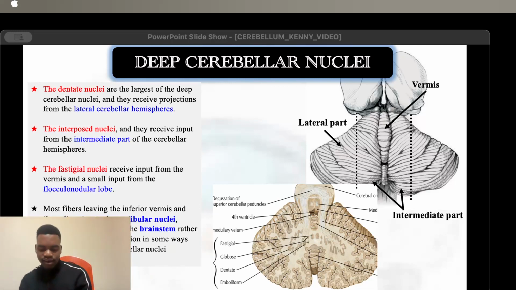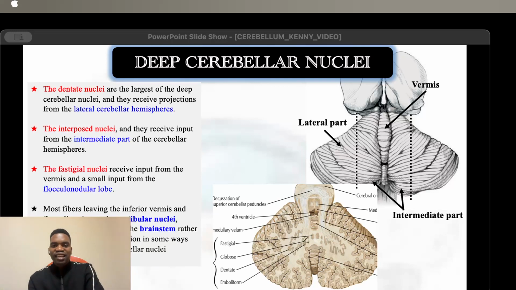It receives its information from the lateral part, because we said the information was taken from wherever it came from into the cerebellar cortex, and then from the cerebellar cortex it used the Purkinje fibers or Purkinje cells to get into the deep cerebellar nuclei. So the information from the lateral cortex will use the Purkinje fibers to come to the dentate nucleus, the most lateral nucleus. So the most lateral part will project into the most lateral nucleus, which is the dentate nucleus.